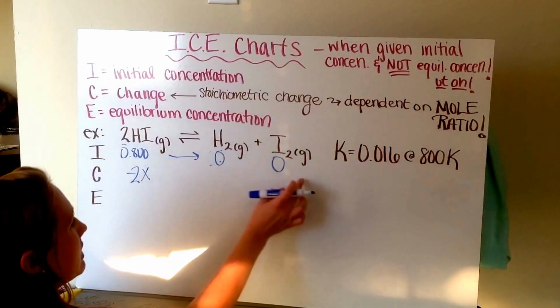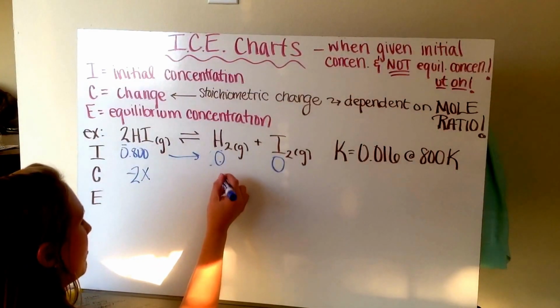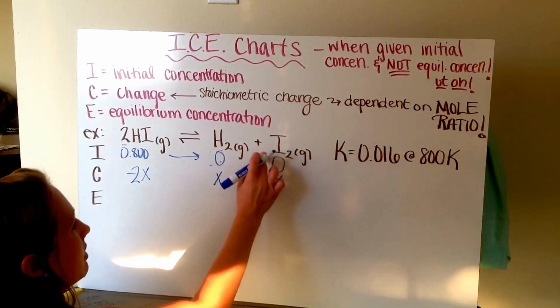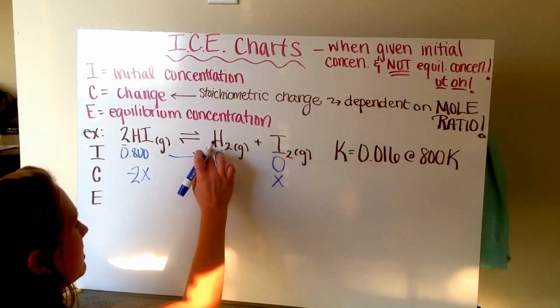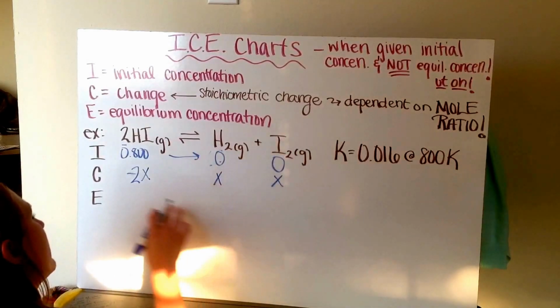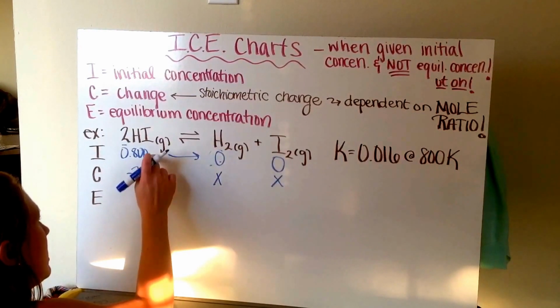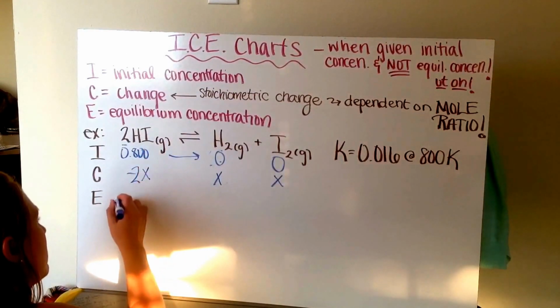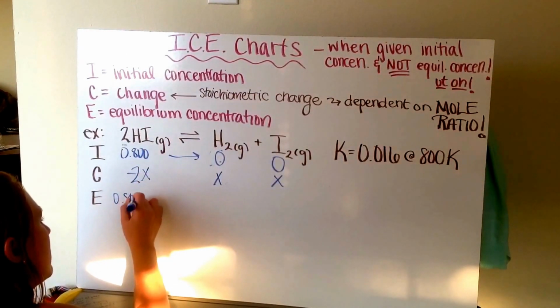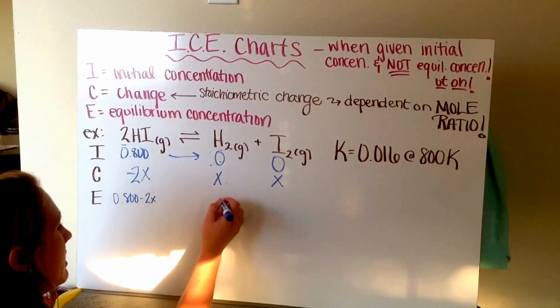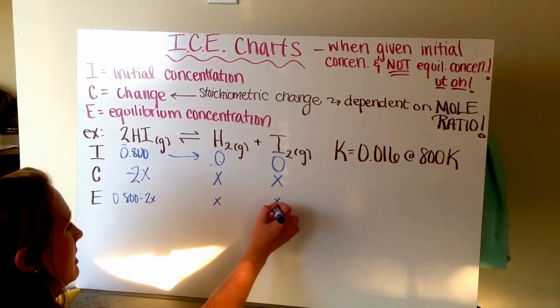I'm going to increase each one of my products by X, and it's just X because their coefficient in front is just a 1. So then I summarize what I have. My concentration given from 4 moles divided by 5 liters, so 0.800 minus the 2X, and then X and X.